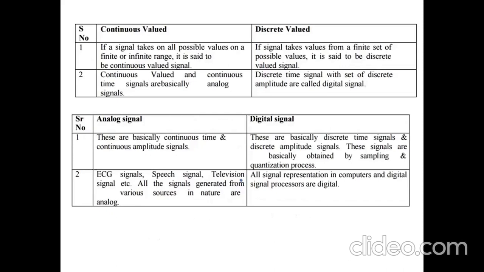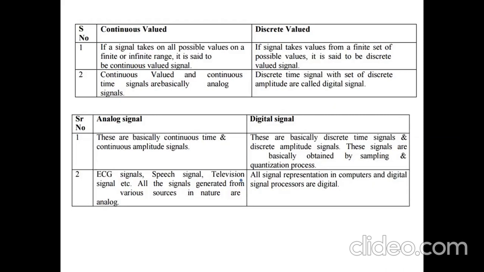Now, here continuous valued and discrete valued signals are compared. If a signal takes on all possible values on a finite or infinite range, it is said to be a continuous valued signal.